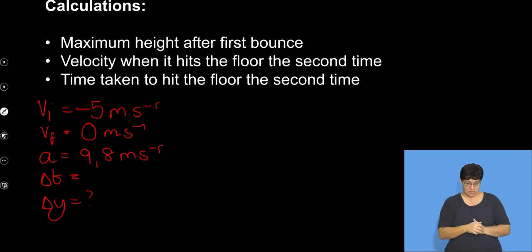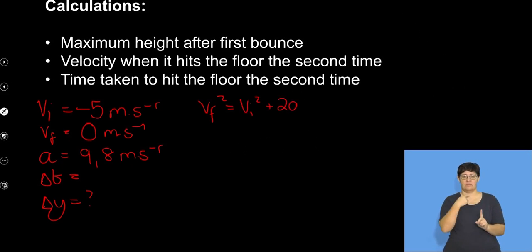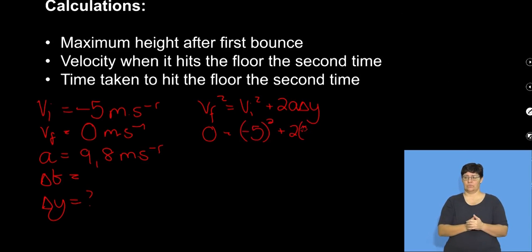So looking at the information, again, I'm going to use Vf squared equals Vi squared plus 2a delta y. Vf is 0. Vi is minus 5, plus 2 times 9.8 delta y. I know minus 5 squared is 25, so I'm going to take it over.